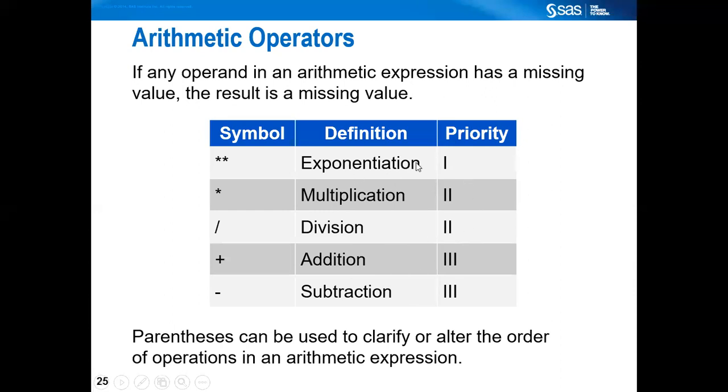SAS will give first priority to exponentials, second priority to multiplication and division, and third priority to addition and subtraction. It always follows the same as your mathematical BODMAS rule. That is, brackets first, then division and multiplication, then addition and subtraction. Getting it? The same priority.